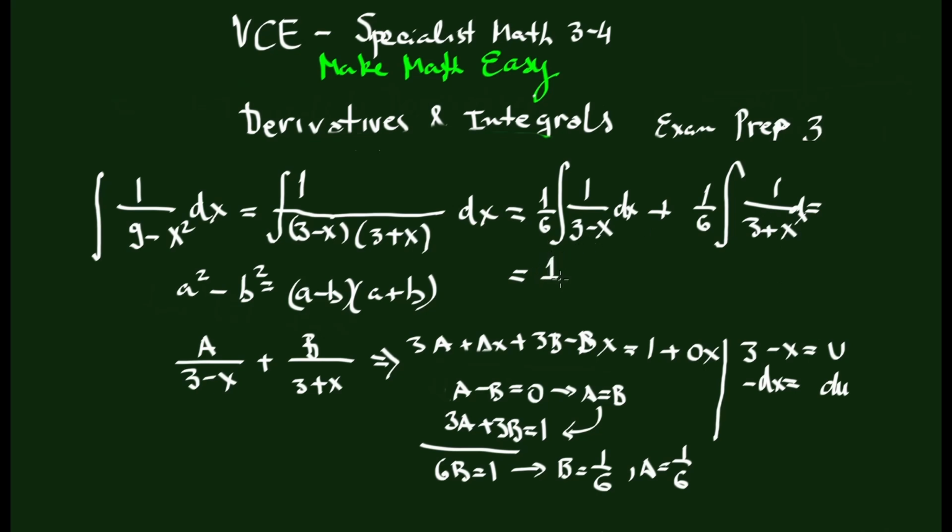So that becomes 1/6 of the integral over u, and the minus sign is here, times du, plus the second substitution, similar, and the sign is no change because dx is positive. So what does that become?